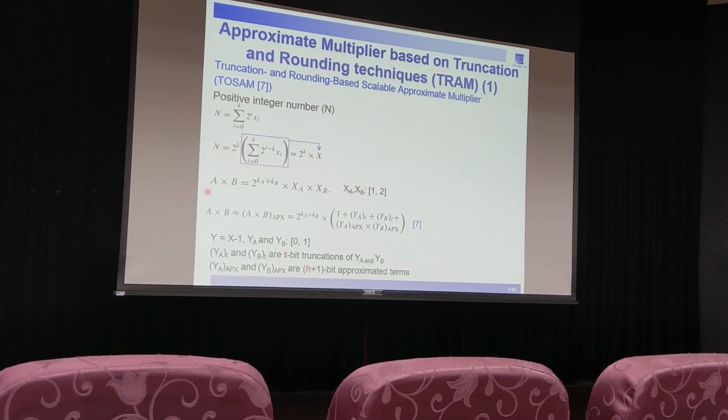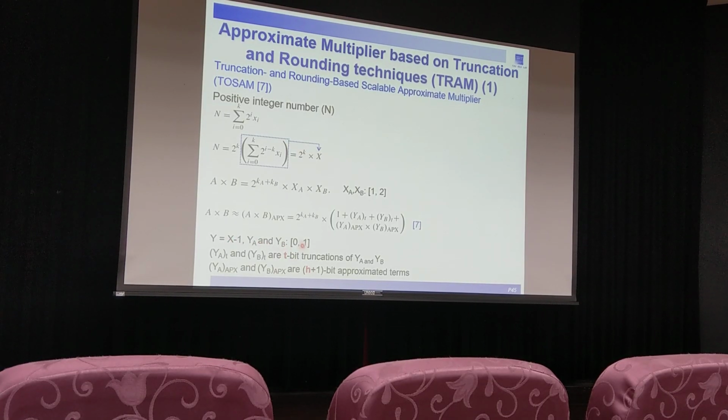And if I want to multiply two positive numbers a and b, you can replace them with this term multiplied by SA and SB. SA and SB are in the range of 1 to 2. Then you replace SA and SB by y, where y is equal to s minus 1. So YA and YB will be in the range of 0 to 1.